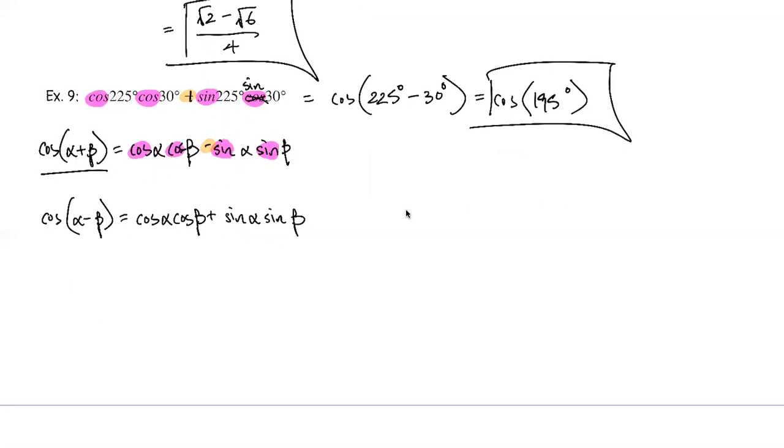Should we do one more? Because that one was so bad. Okay. Example 9a. Okay. So let's say we had cosine of 100 cosine of 25 minus sine of 100 sine of 25.